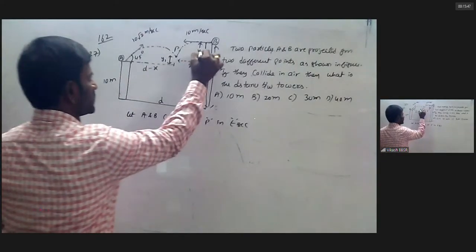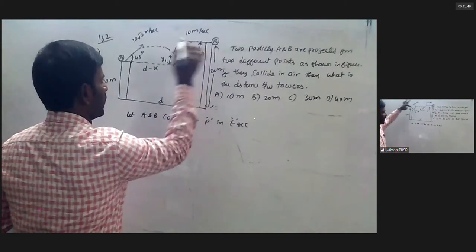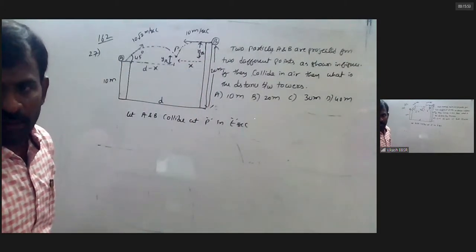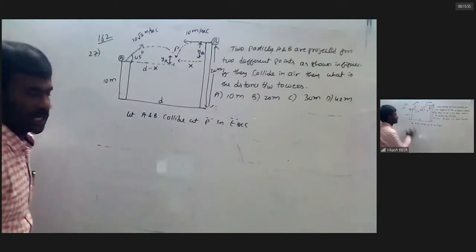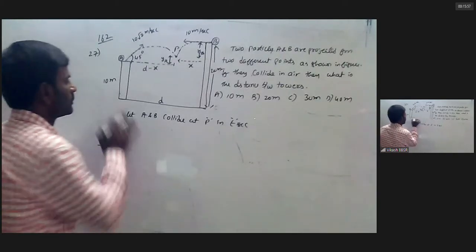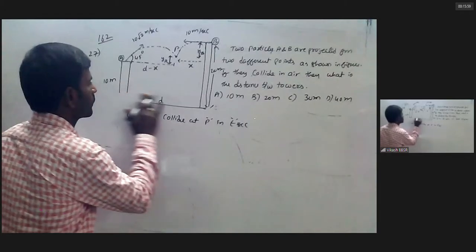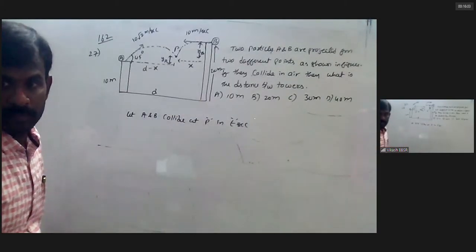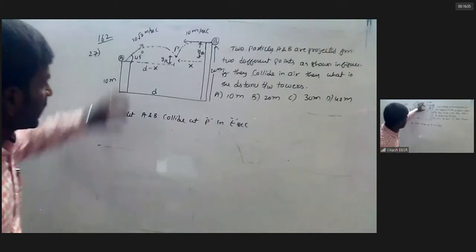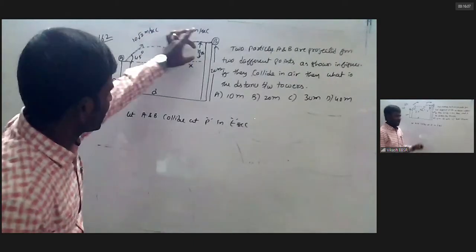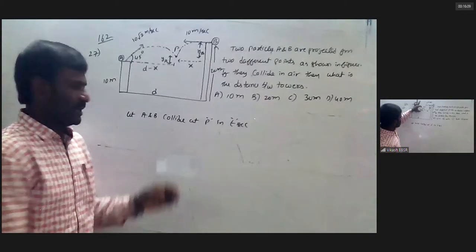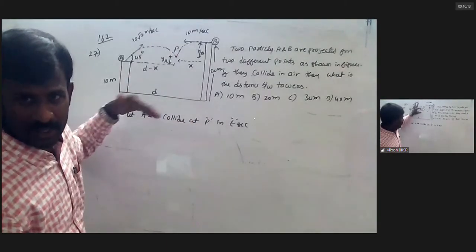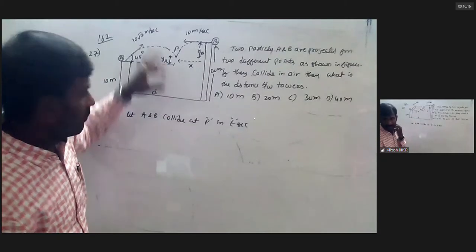This is yA. Anybody tell me what is yA plus yB? This is the vertical distance, yA and yB. Yā€‹A plus yB, how much?